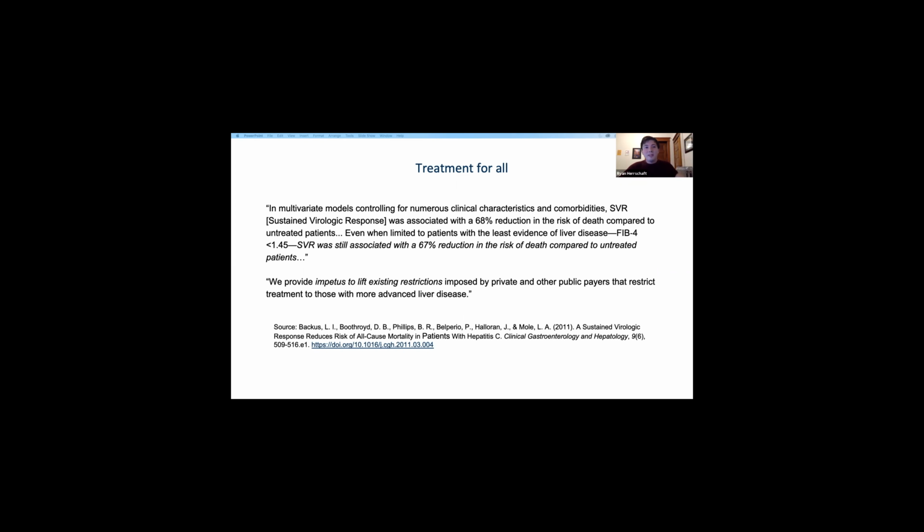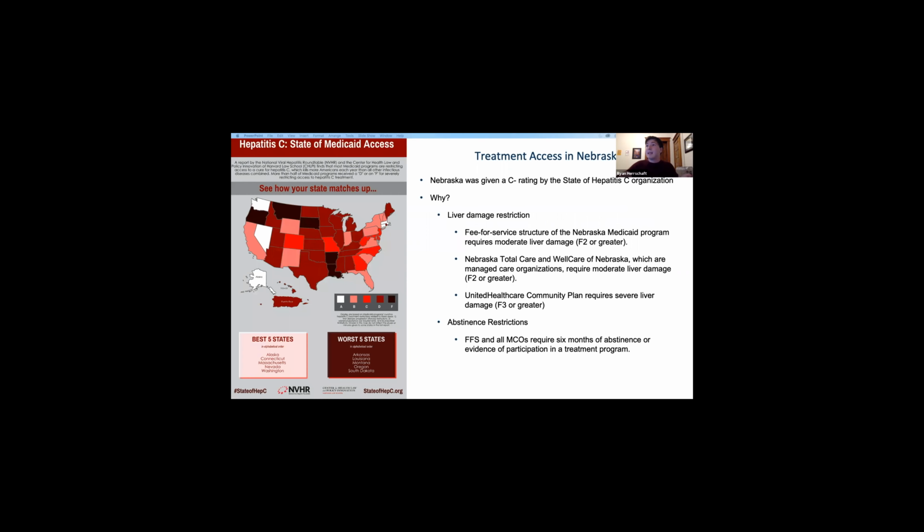And so those early restrictions on who could access hepatitis C treatment, and how, still have a legacy today. This is called the State of Hepatitis C, an organization that ranks states based on how open and how restrictive they are to hepatitis C treatment.